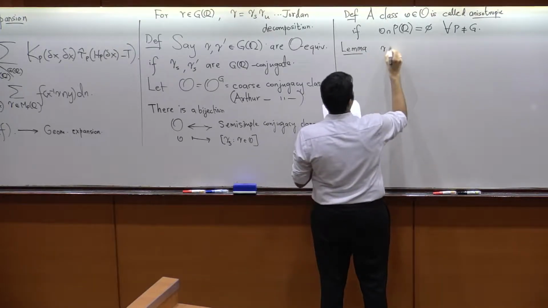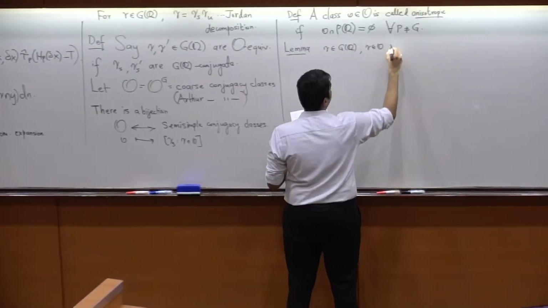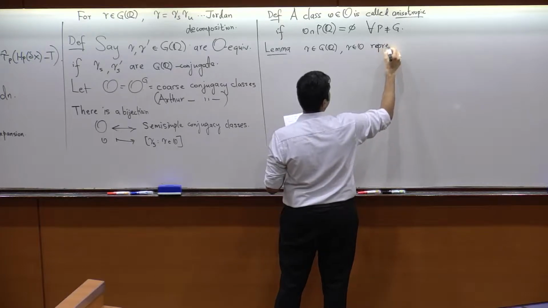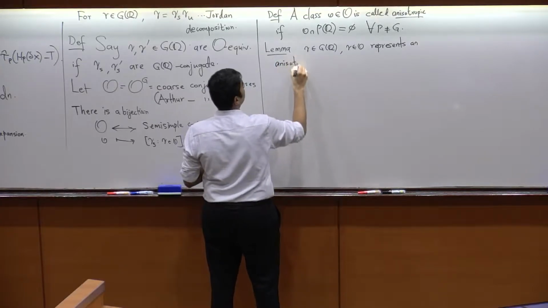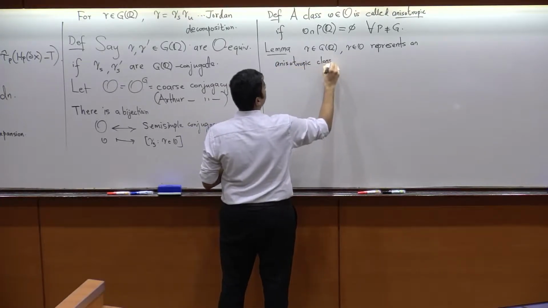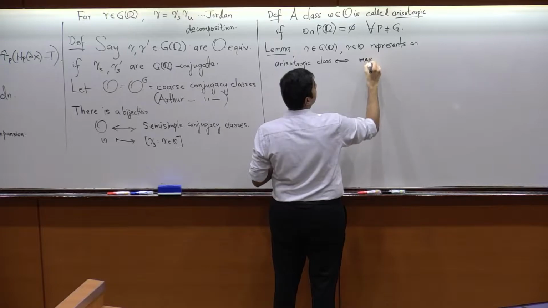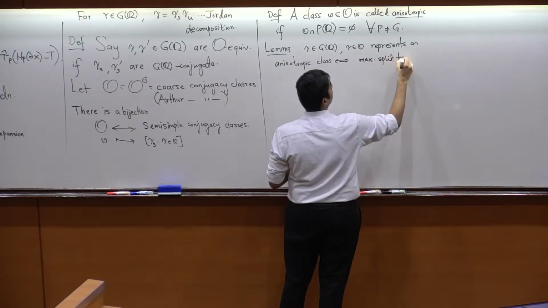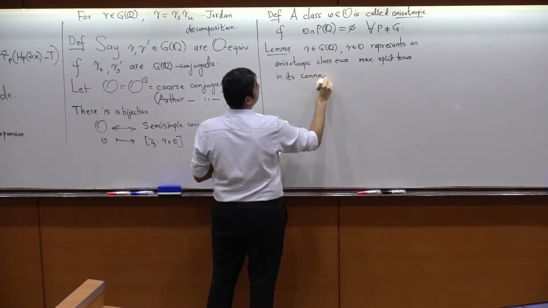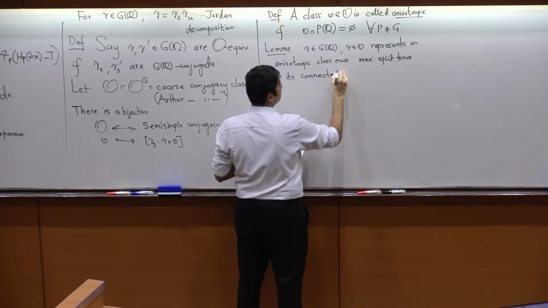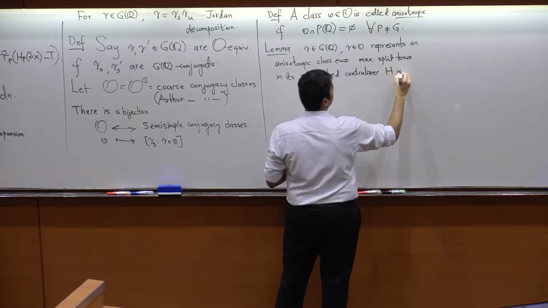It says that gamma in o inside G(Q) represents an anisotropic class precisely when the maximum split torus in its connected centralizer, meaning the connected component of the centralizer H, is A_G.